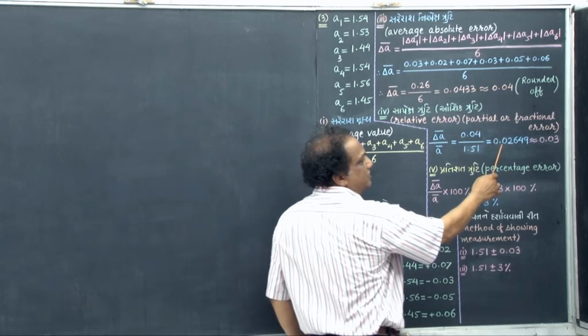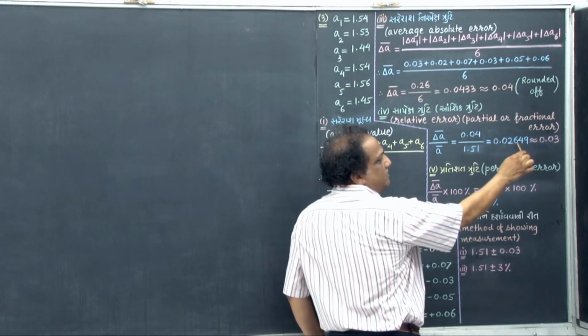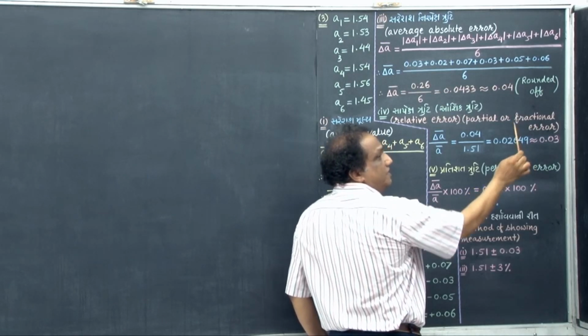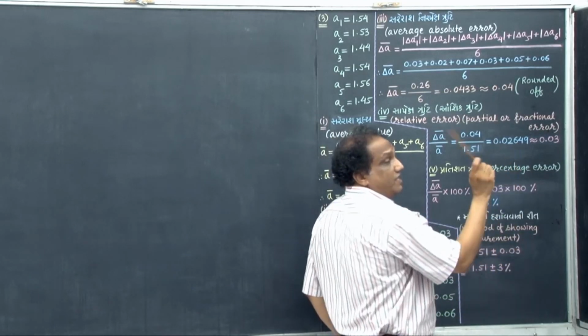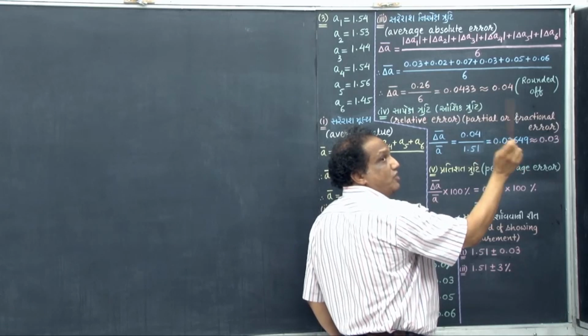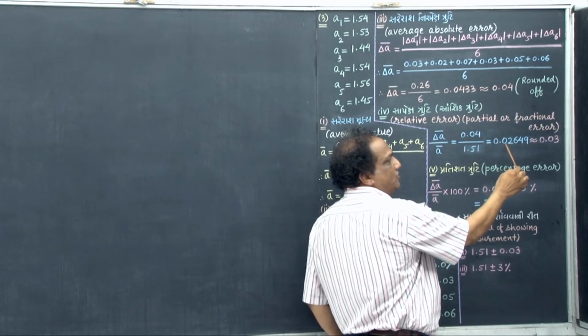But here also we must retain only 2 digits after decimal point. That is, this 6 is to be dropped down, and when you want to drop this 6 itself, it is greater than 5. Because this 6 is greater than 5, we should add 1 in the previous digit. When you add 1 in this digit, it will be 3 here, so it is now 0.03.